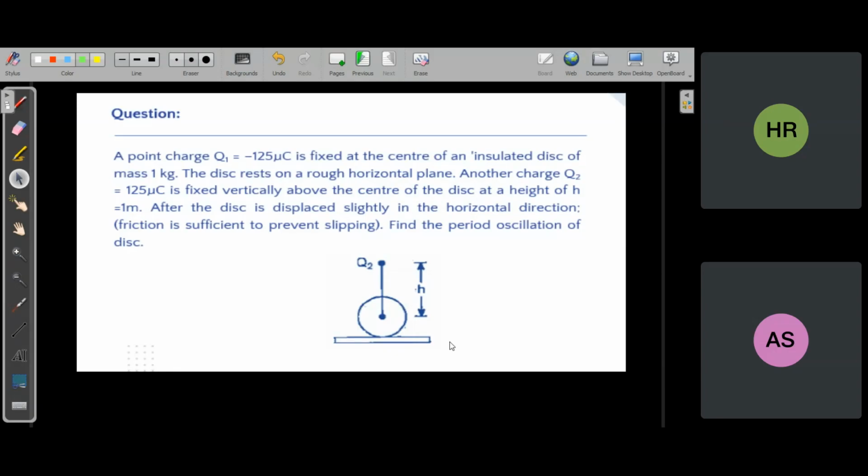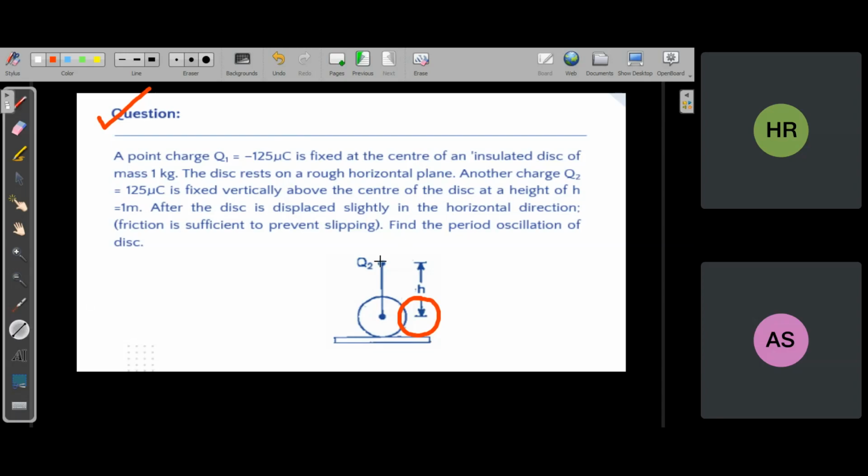Yeah, tell me. Getting any idea? Sir, I'm not getting, sir. Not getting any idea. So, do you know that to find the time period of oscillation of the disk, what you will have to do? First of all, do you know the process? If you displace the disk a little bit, it will go to this position, right?